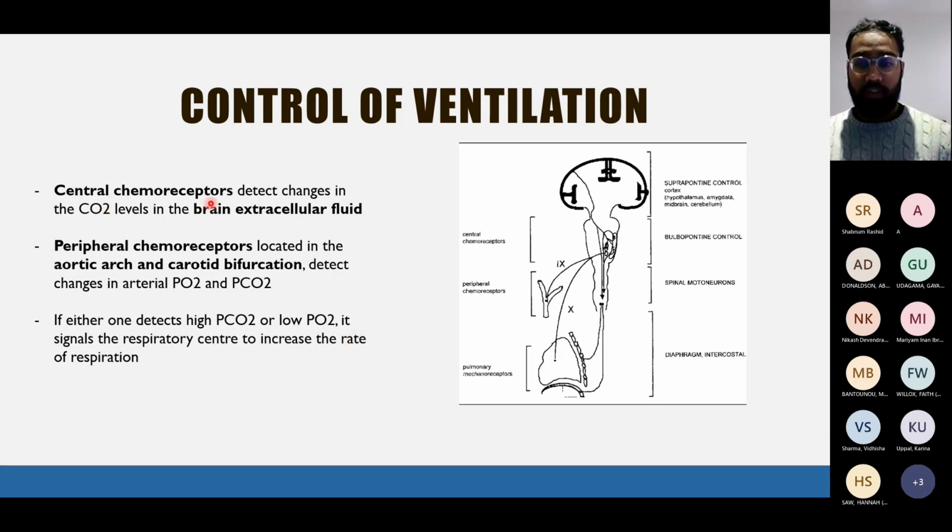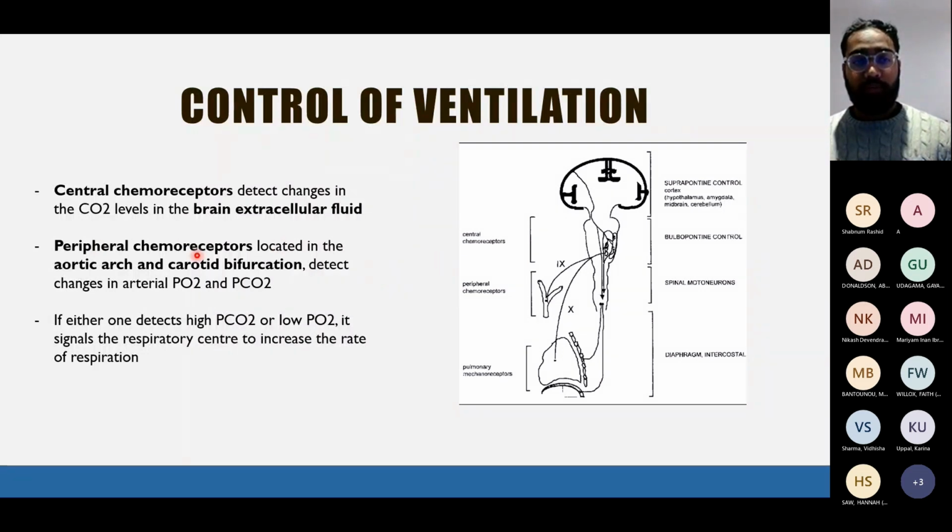Central chemoreceptors only detect CO2, and they live in the brain extracellular fluid, on the brain side of the blood-brain barrier, sensing how much CO2 is in the extracellular fluid. If the CO2 goes too high, you need to breathe quicker to exhale and get rid of that CO2, so it tells the respiratory centers to increase the rate of ventilation.